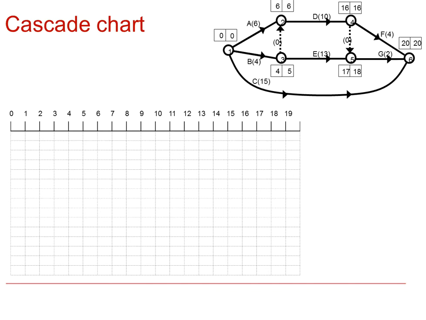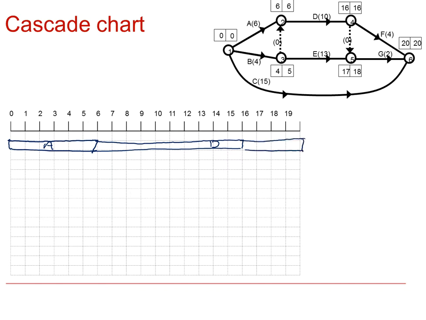So starting at the earliest time of 0, A would take a block of 6, duration 6, then immediately D would start and take a block of 10, and then followed by F, which takes that last block of 4. So that's your critical activities.